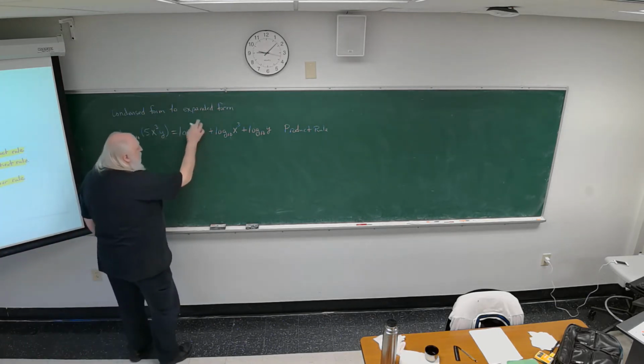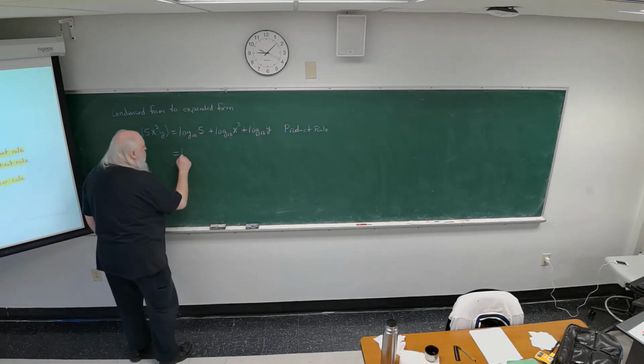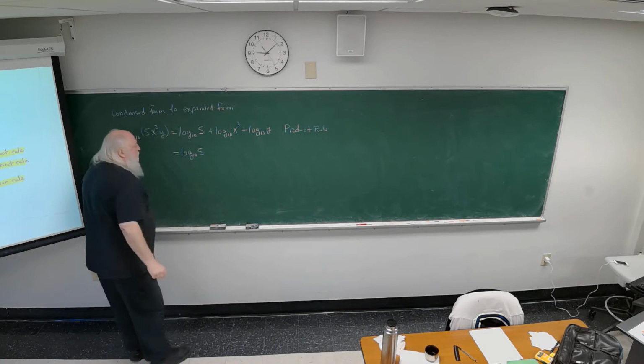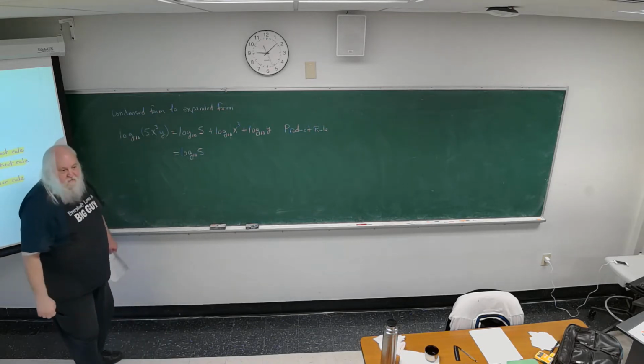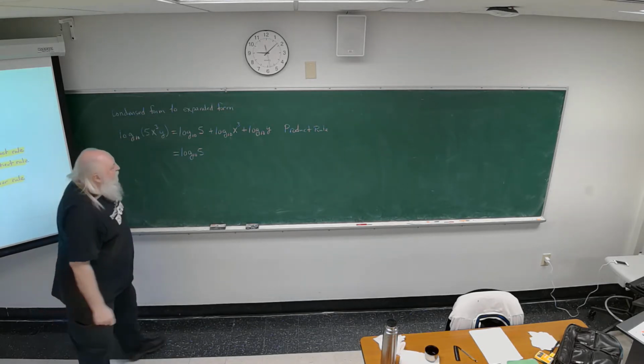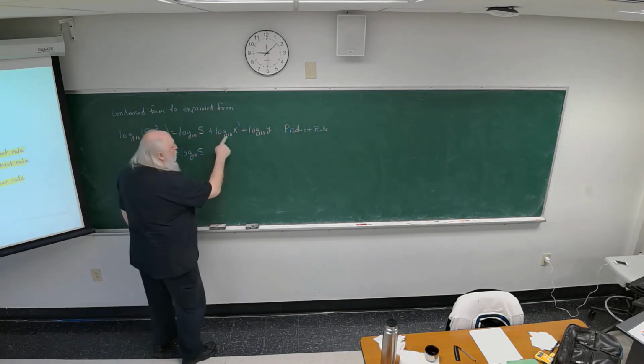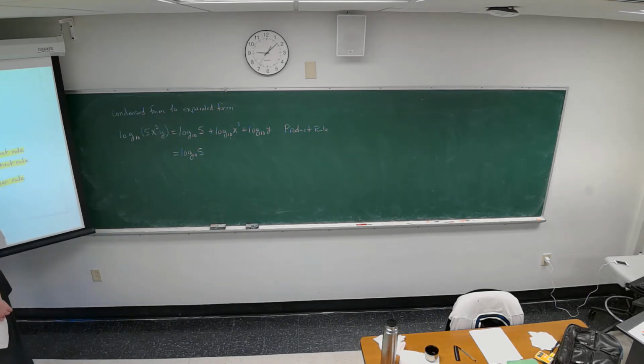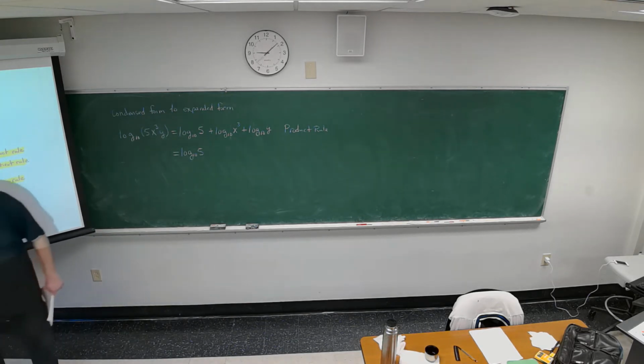Well, we can't do anything with this first logarithm. Log base 10 of 5 can't be reduced any further. But log base 10 of x cubed, this 3, by the power rule, can be brought down in front of the logarithm.